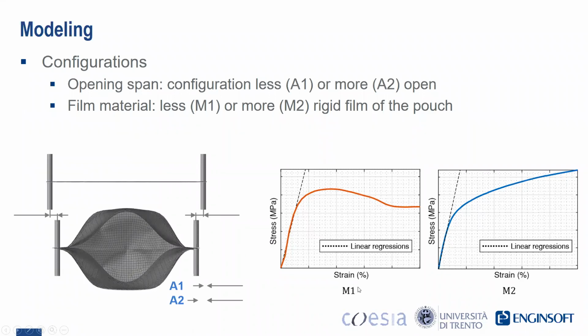And then also we focused on 2 types of materials for the pouch, one that was more rigid and one that was less rigid. Okay, so working on the Young's modulus, we could model 2 types of pouch materials and understand the influence on the pouch behavior.